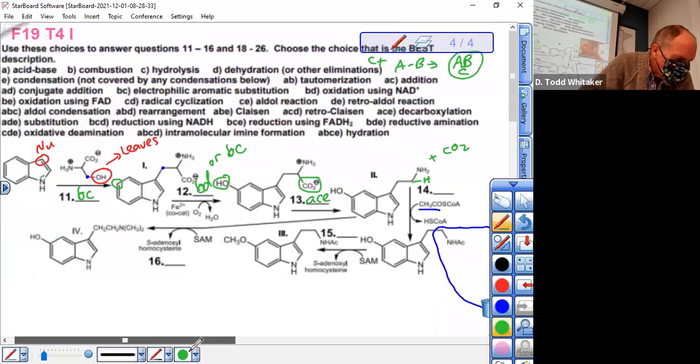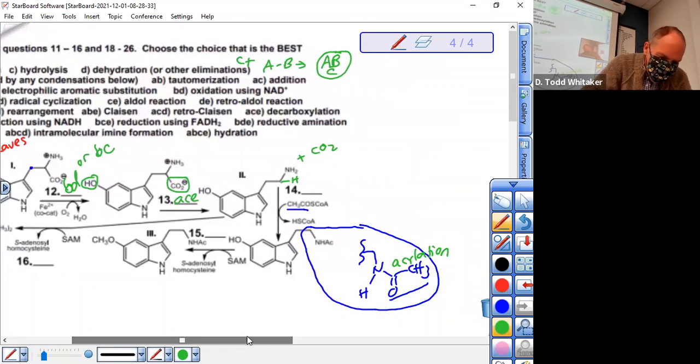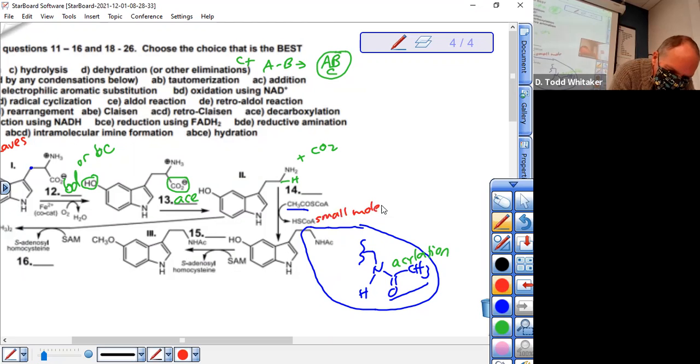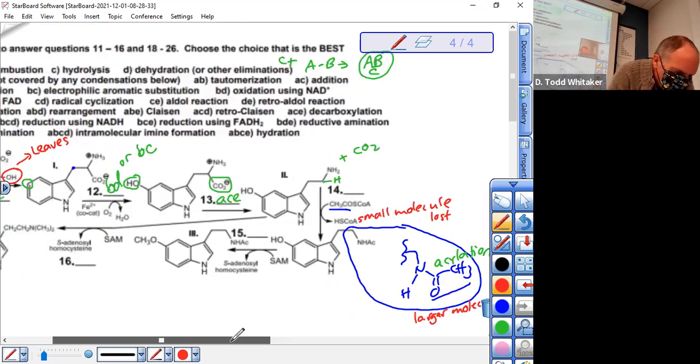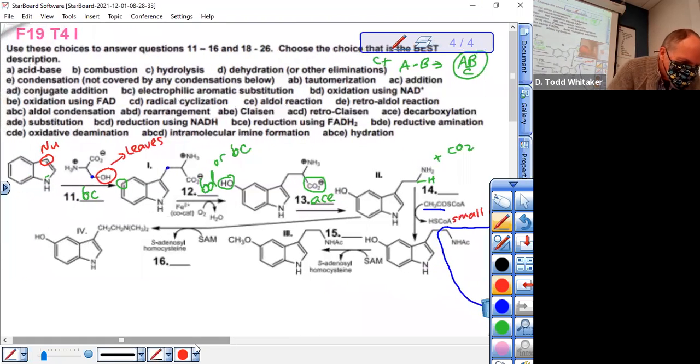Condensation. Let's see what we did. We made this molecule bigger, right? We got a bigger group on there, and we lost a small molecule. I guess that's our best choice. Small molecule lost to make a larger molecule. I had trouble finding anything else close, so I'm pretty sure it's condensation, not covered by any condensations below. Yeah, that's choice E.